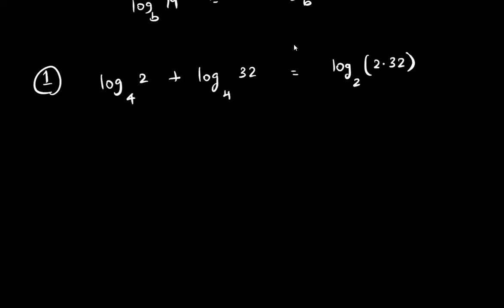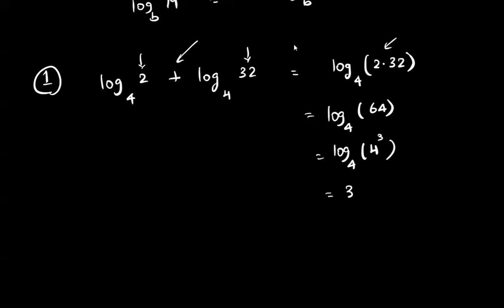So I'm condensing it into one single logarithm, and I'm bringing this and this together because the original sum becomes a product. So now this becomes 2 times 32, which is 64. 64 can be rewritten as 4 to the power of 3. So the answer is 3.